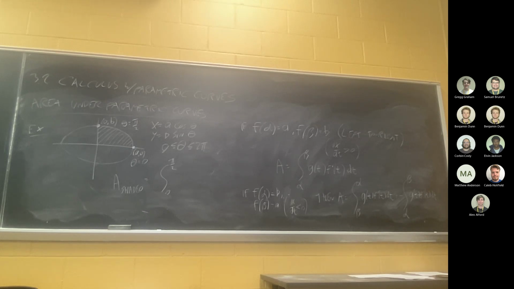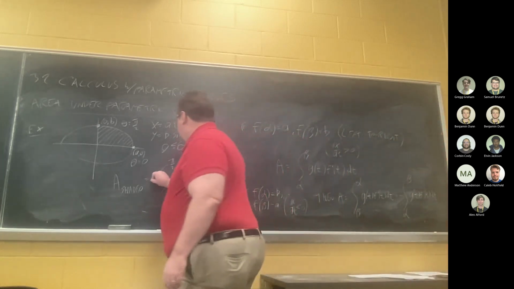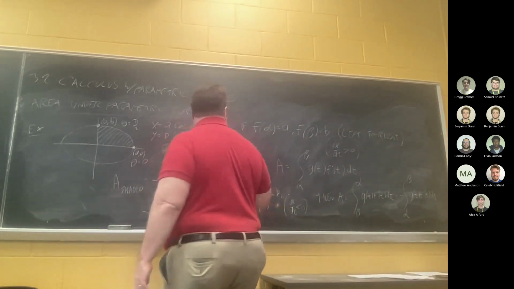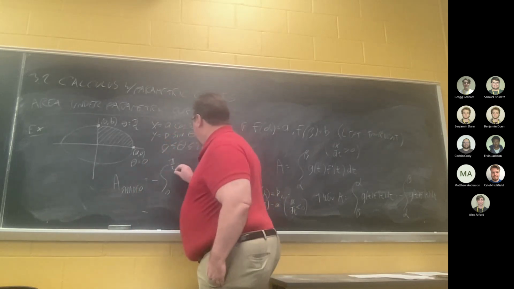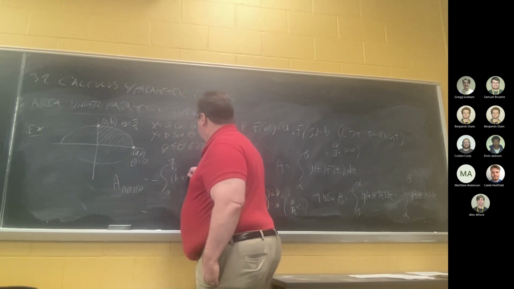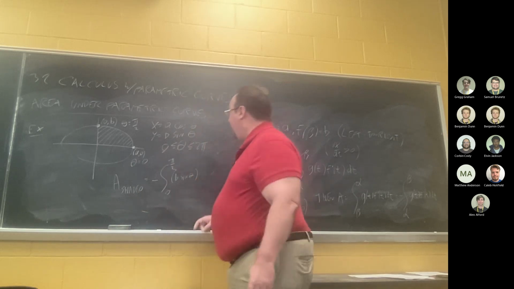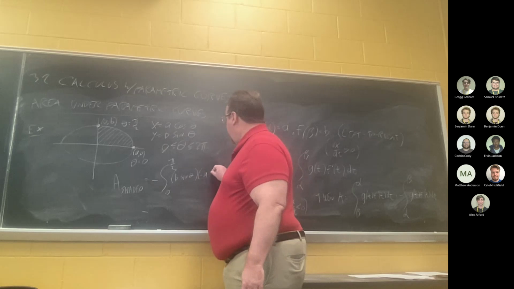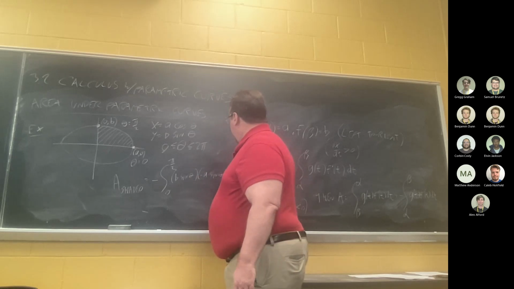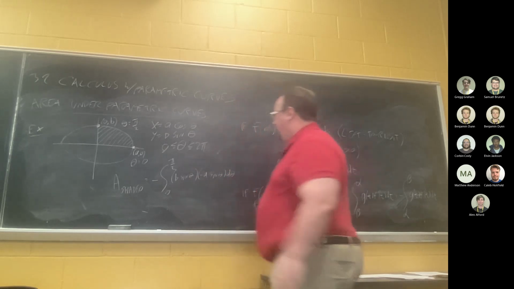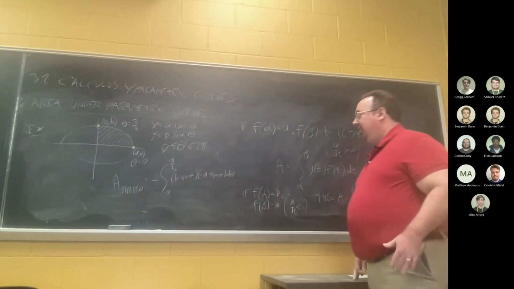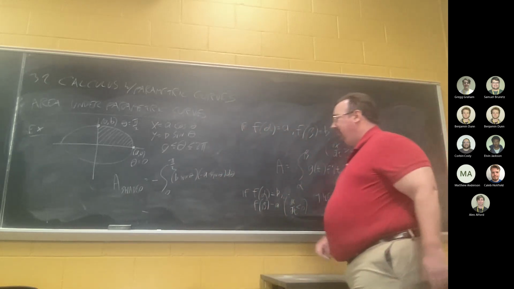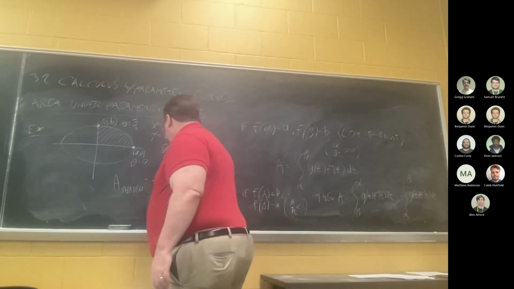Yeah, it's right to left. It's this one. So we're going to have a minus, and then we have our y function, so that'd be b sine theta times the derivative of our x function with respect to theta. That's going to be minus a sine theta. Okay, so the minuses cancel out, which is good because we expect a positive result for area, generally speaking.